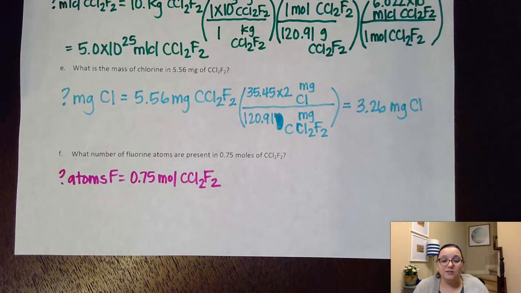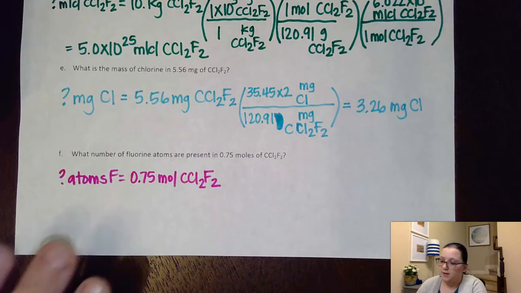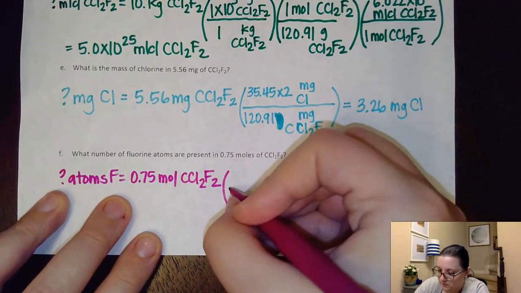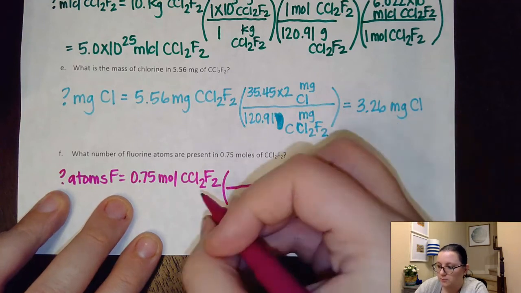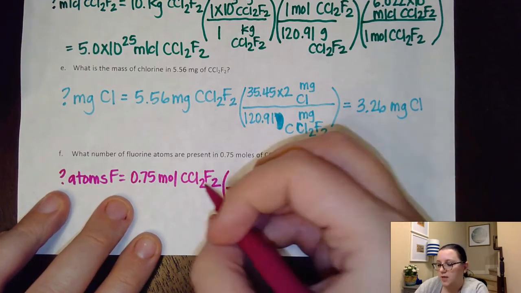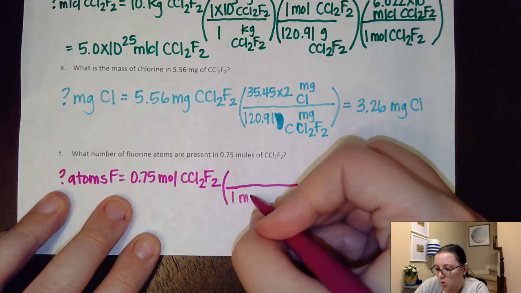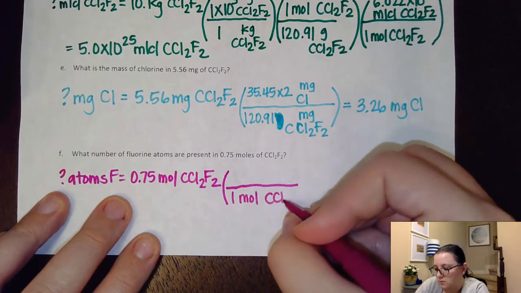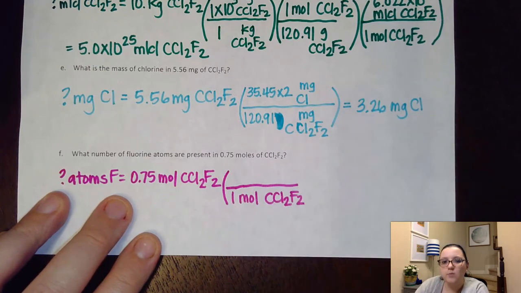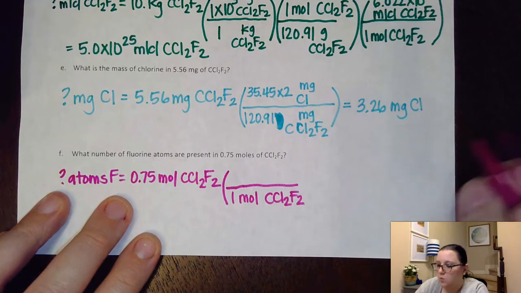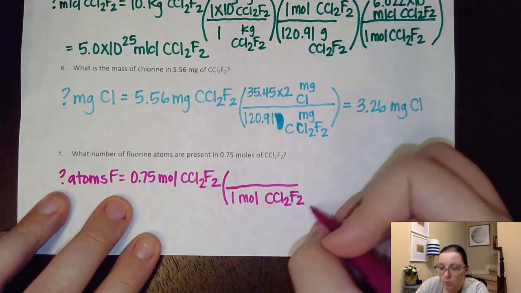I have options. I'm going to show you both options because I want to show you how the math ends up being the same no matter which way you're doing it. So let me do it the way I mentioned first. I'm going to set up a mole to mole ratio. Now, when you do a mole to mole ratio, you say, for every 1 mole of that whole compound, how many moles of the element are inside of it? Well, there are 2 fluorines inside of it.